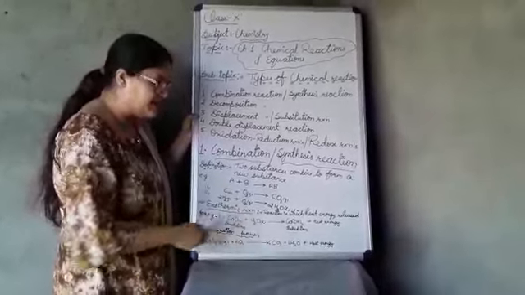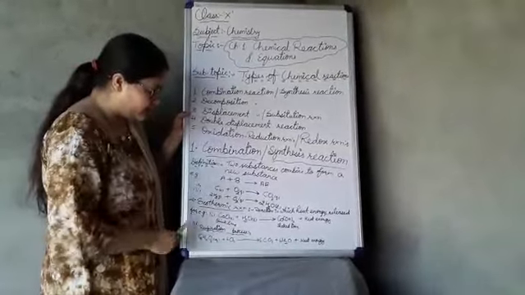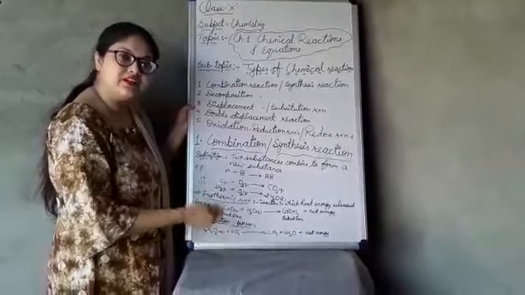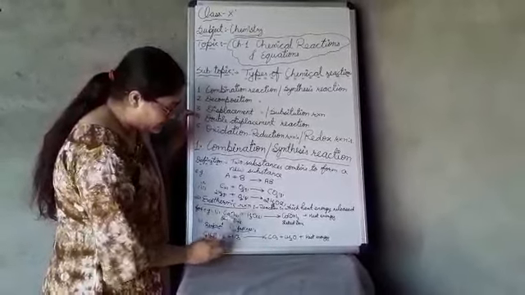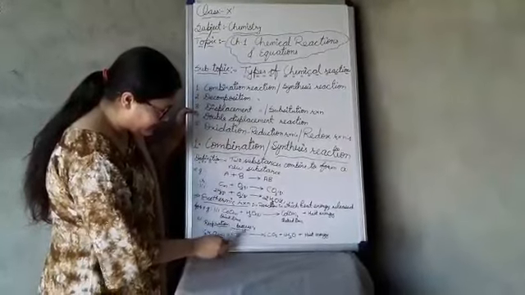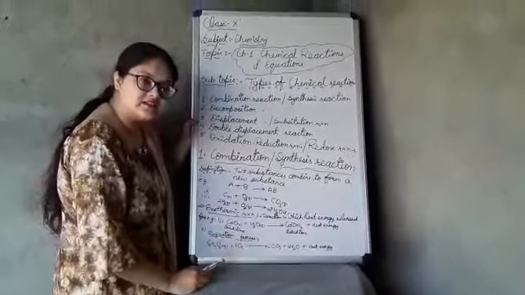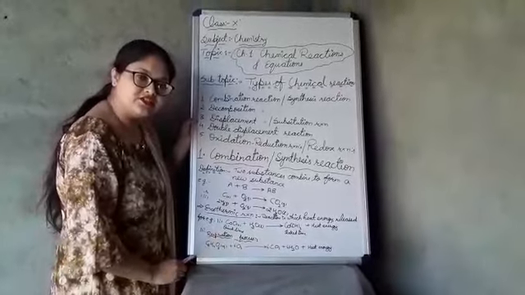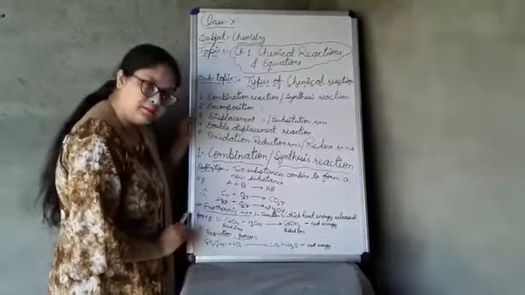But there are also some combination reactions where one element and one compound react. Here one element combines with one compound and forms a new substance. So this is the second type of combination reaction, in which one element combines with one compound.